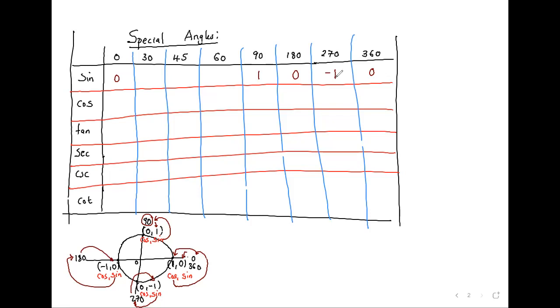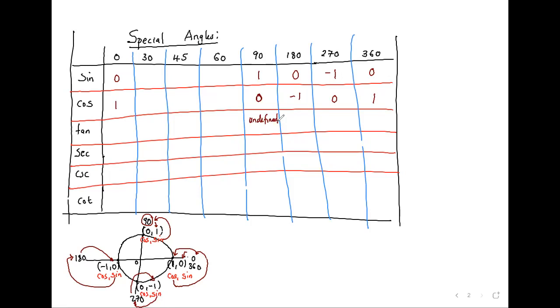Okay. So the remaining coordinates are for cos. Cos 0 is 1, cos 90 is 0, cos 180 is -1, cos 270 is 0, and cos 360 is 1. So if we know these, then we can tell that tan 90 is sine over cos. Because cos is 0, tan 90 is undefined, because 1 over 0 is undefined.